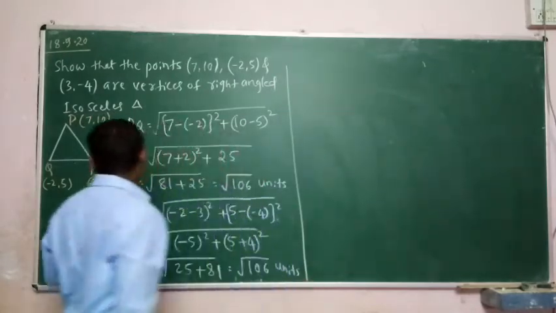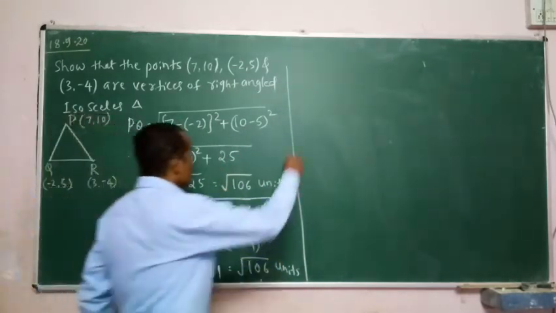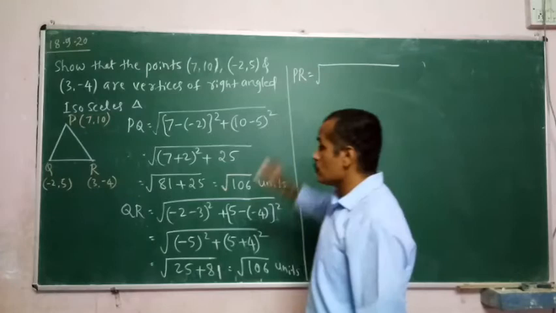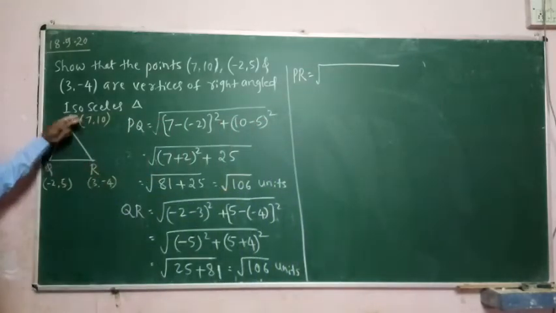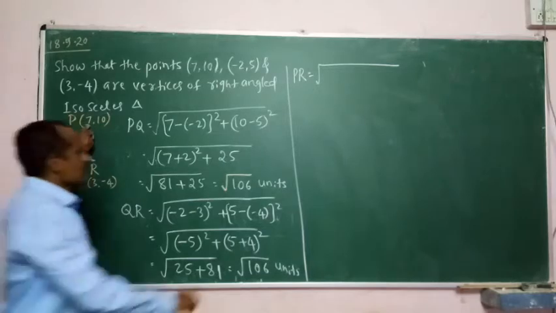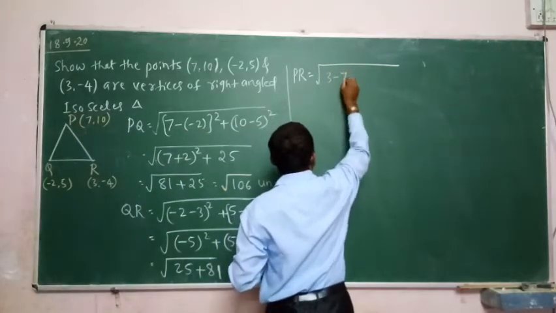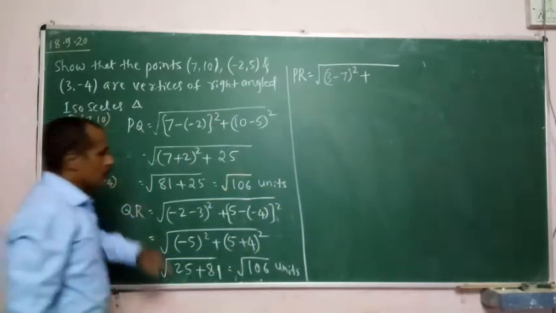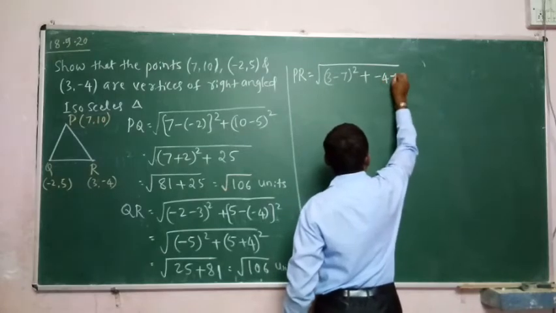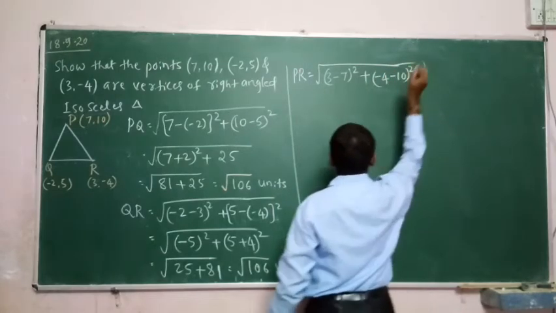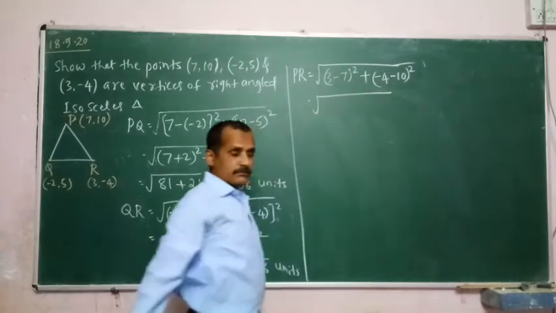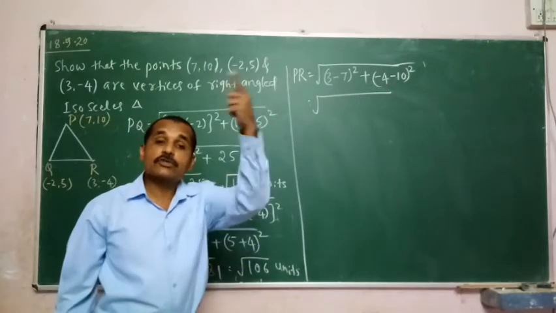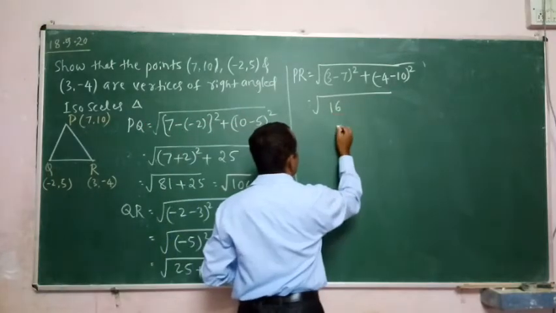Even then, I have to go for the third side, PR. Under root, this minus this. 3 minus 7, the whole square, plus minus 4 minus 10, the whole square, which is equal to under root. 3 minus 7 is minus 4, minus 4 square is 16.